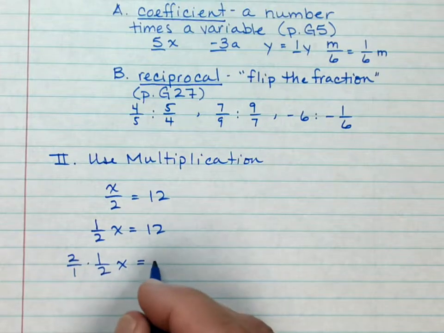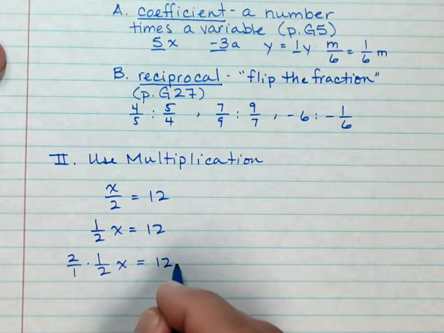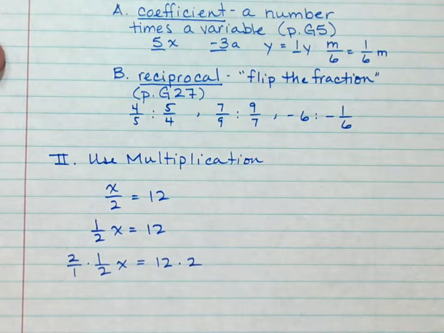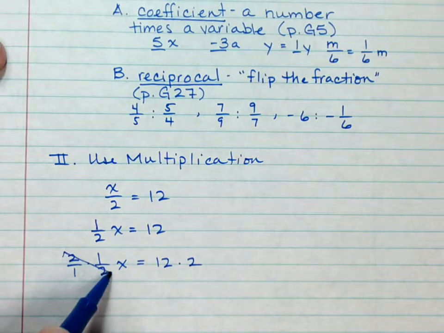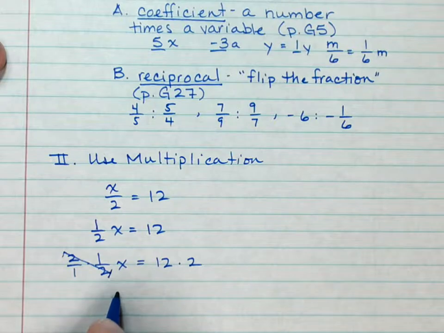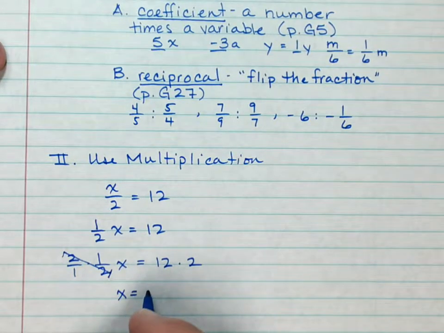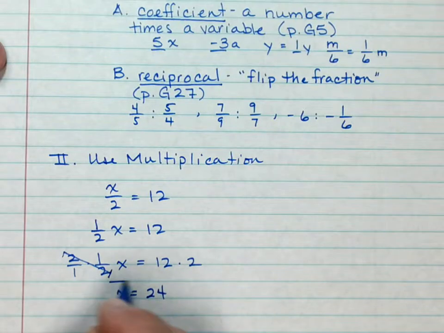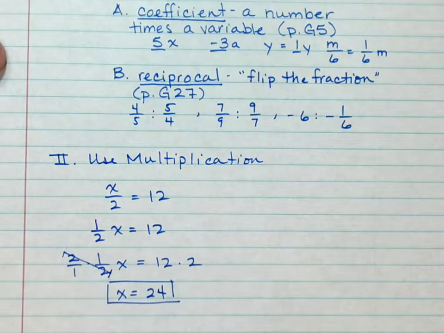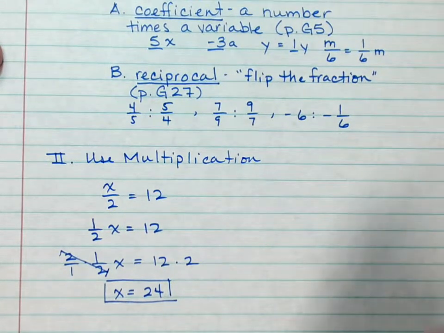And remember, whatever you do to one side, you do to the other. Now 2 over 1 is just 2. This is 2 over 2, that equals 1, leaving you with x. And 2 times 12 is 24. And you're done. Let's try another one.